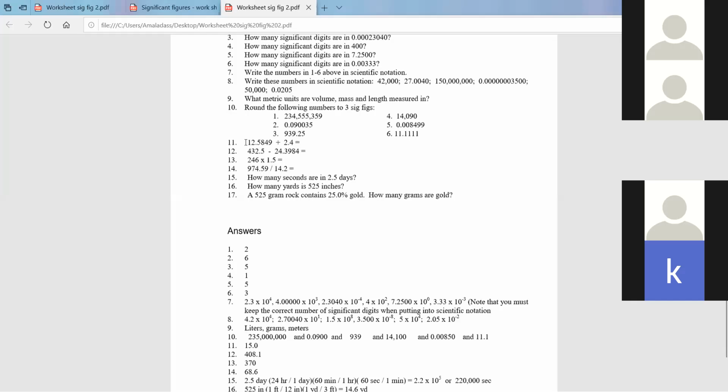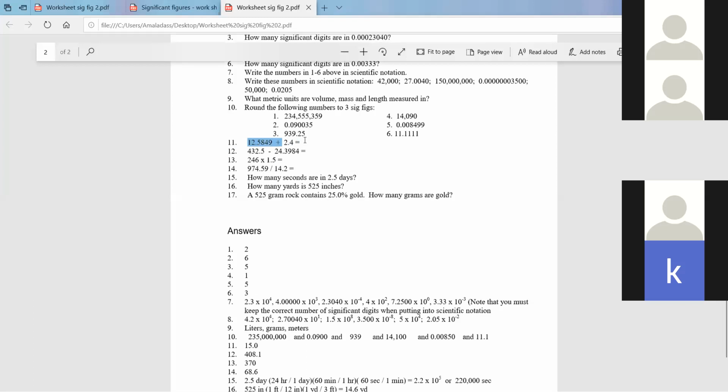The 11th problem. I'm sharing the screen. Kindly solve that problem and write down an answer. 11th problem. Because I want to go slow. Because if I go very fast, again you will be messed up, especially in online. So I'm going very slowly. So solve the 11th problem.